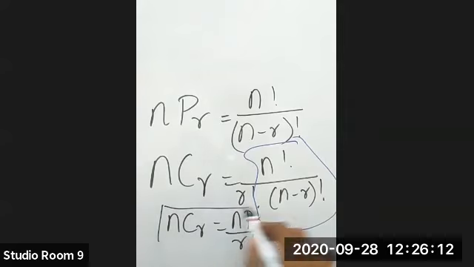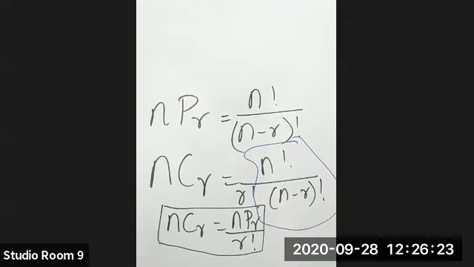Note down this. Write it in your book. nCr is n factorial by r factorial into n minus r factorial, that is, nCr is equal to nPr by r factorial.